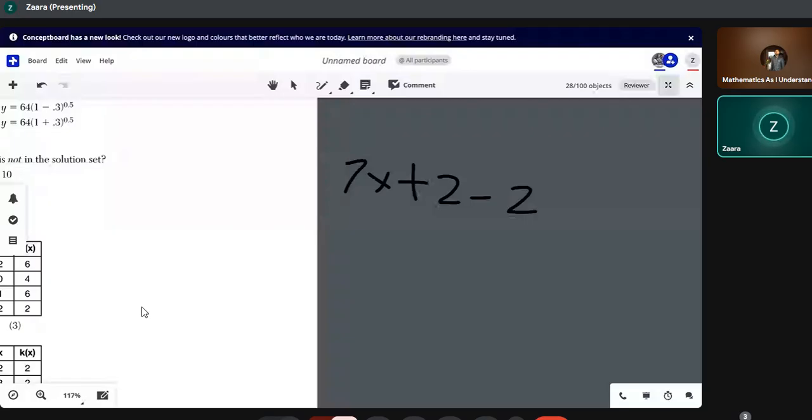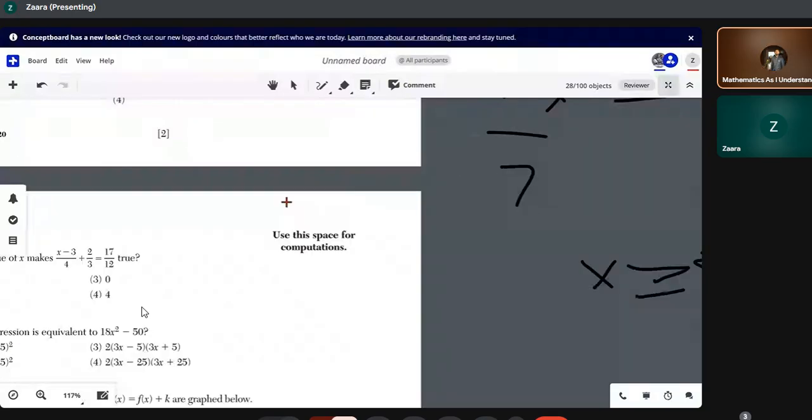And then I divided by 7 and I got 8. So what it means is that the solution set includes all numbers greater than or equal to 8. So the answer I got was number 1.